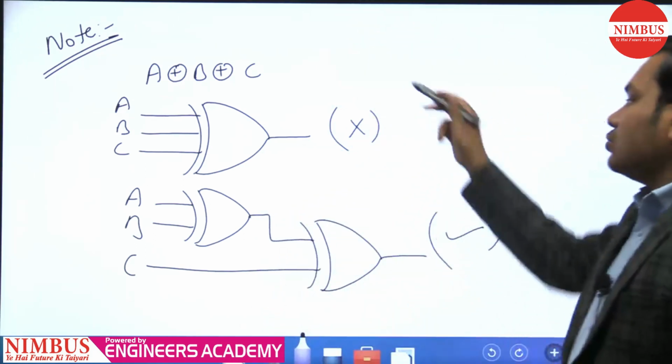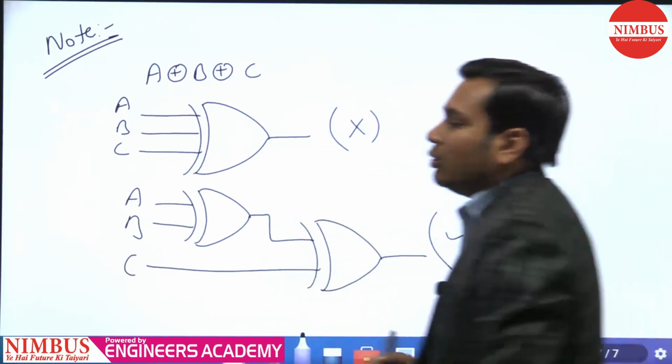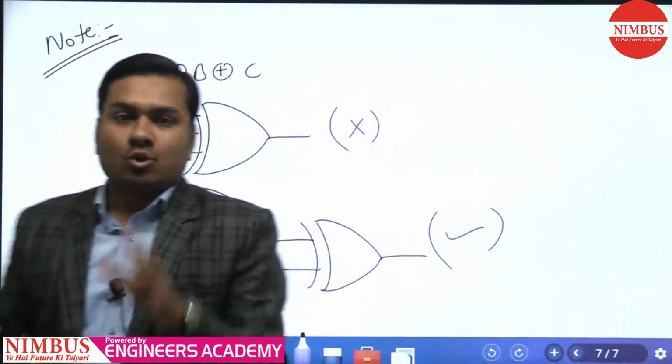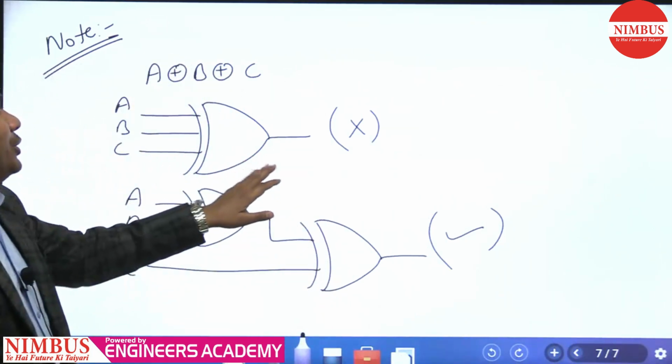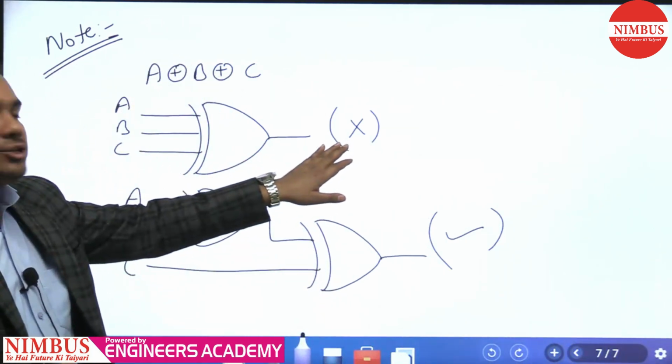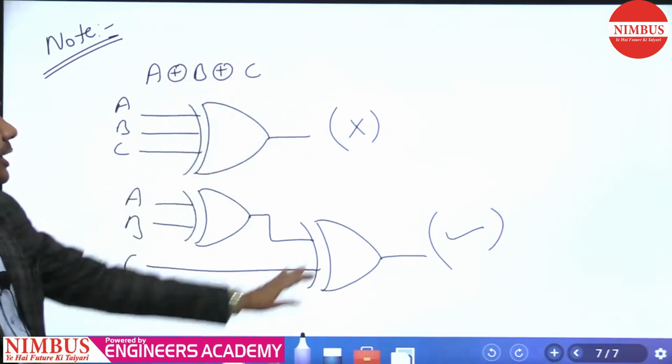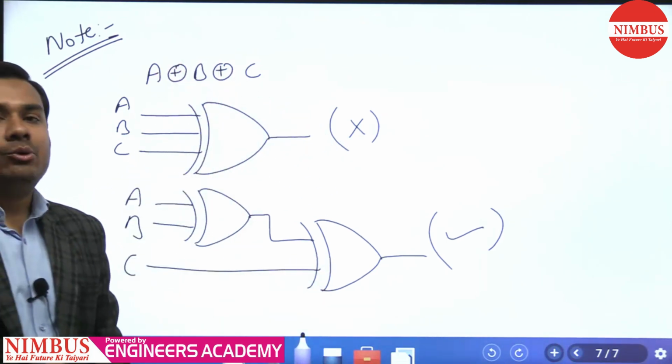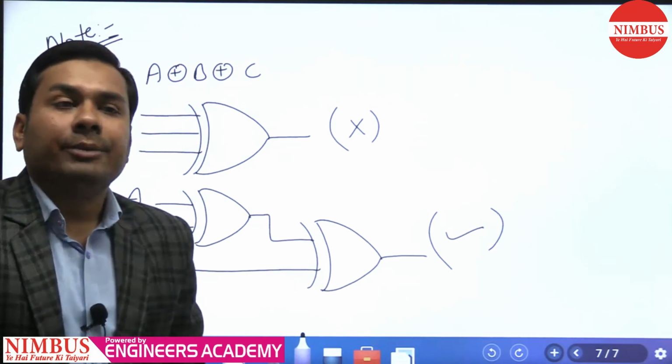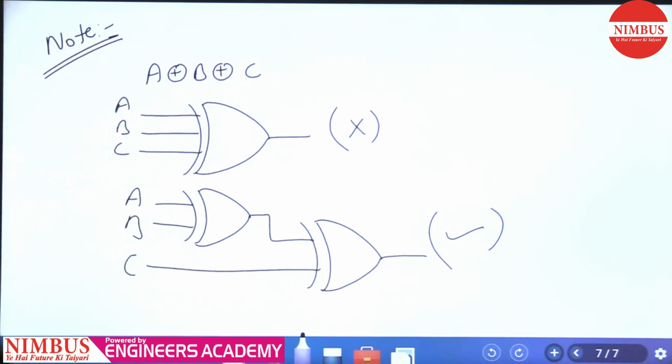So XOR and XNOR both gates are two input gates. Such a type of implementation is not the right implementation. For A XOR B XOR C, that is the right implementation, because the XOR gate is a two input gate. Clear? That is your next note.